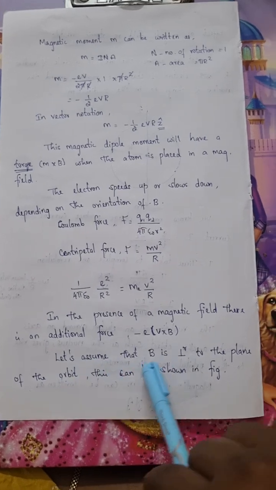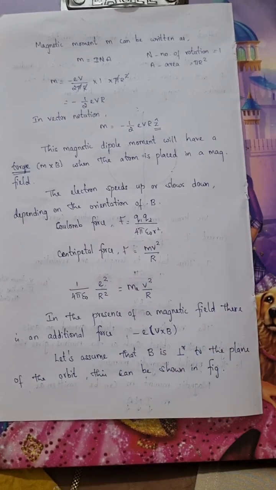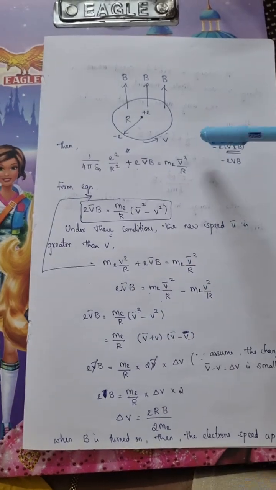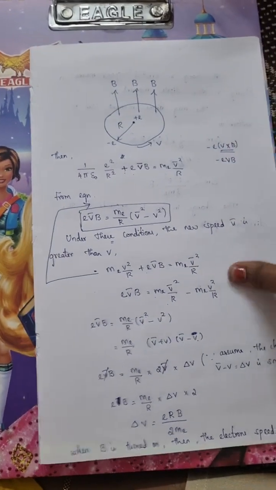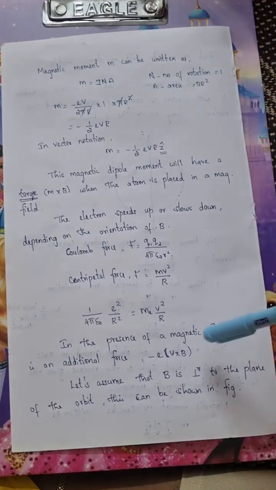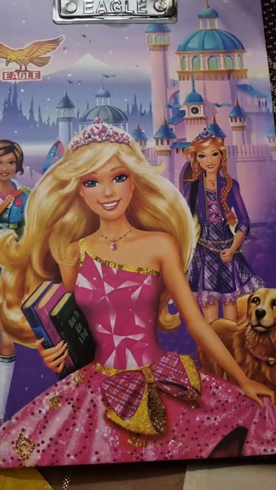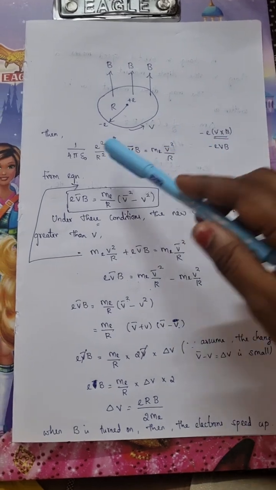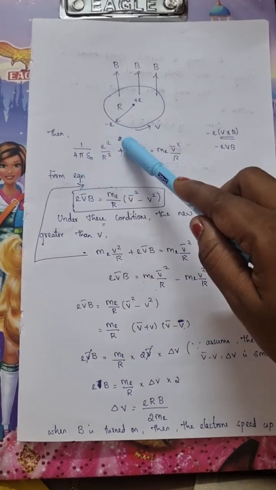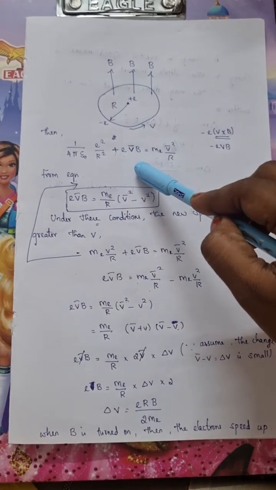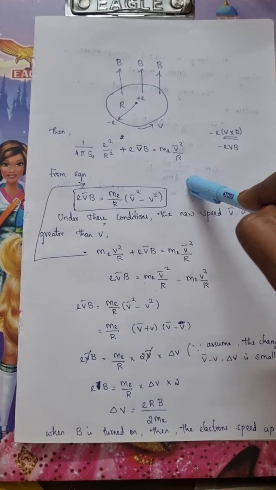Let us assume that B is perpendicular to the plane of the orbit, as explained in the figure. So we write 1 by 4 pi epsilon 0 e square by r square, the additional force plus e v bar B, equals m v bar square by r.